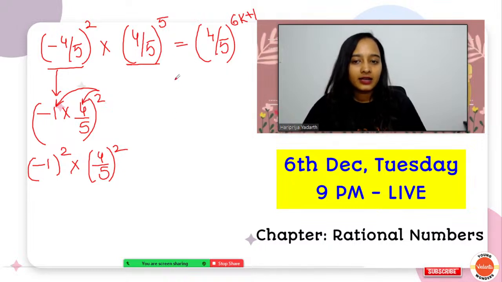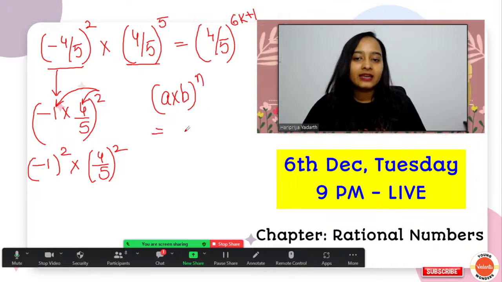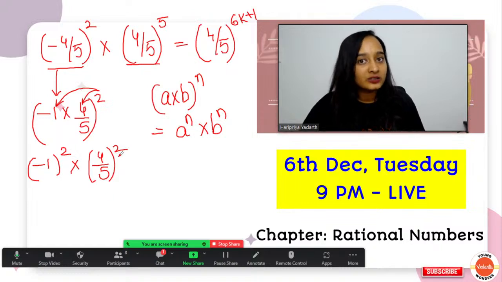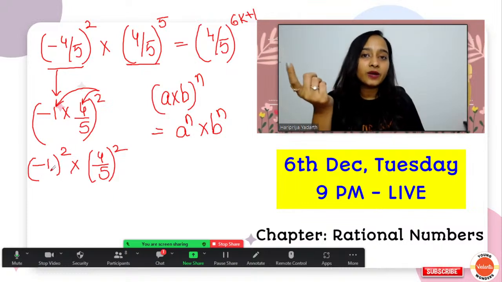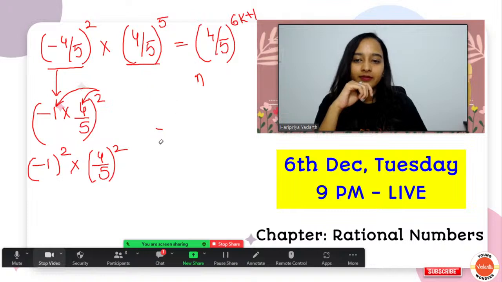A multiplied with B whole to the power n is A to the power n multiplied with B to the power n. So that is why I have written -1 square multiplied with 4 by 5 square. Now what is -1 square? Ma'am, it will be 1 only. Exactly.